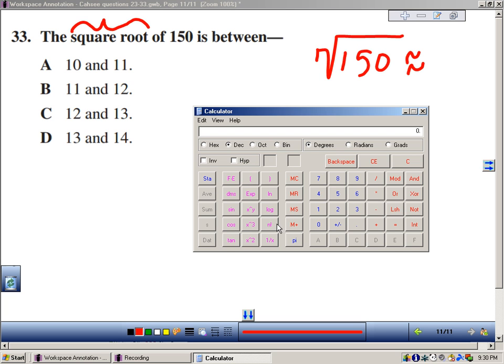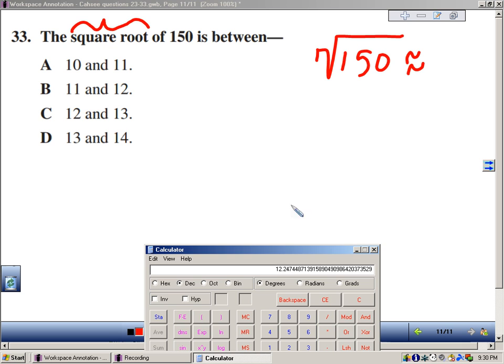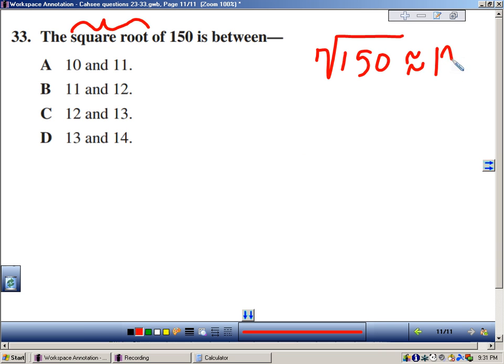So the square root of 150 says it's about 12.24. 12.25. So this is about 12.25. That's called a decimal approximation using a calculator.